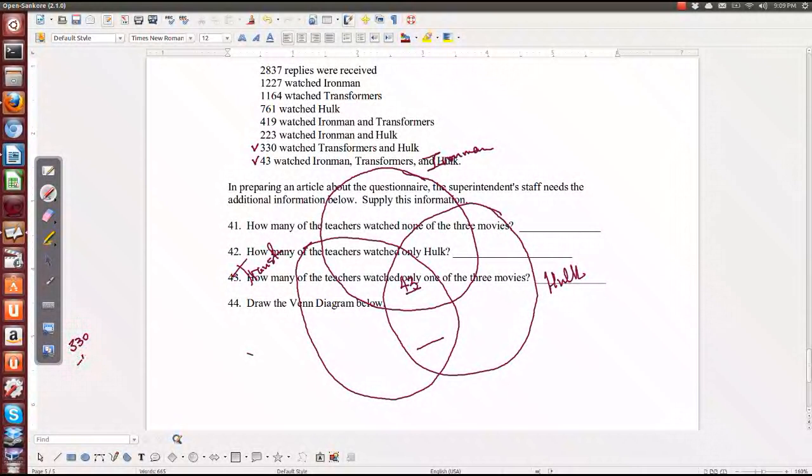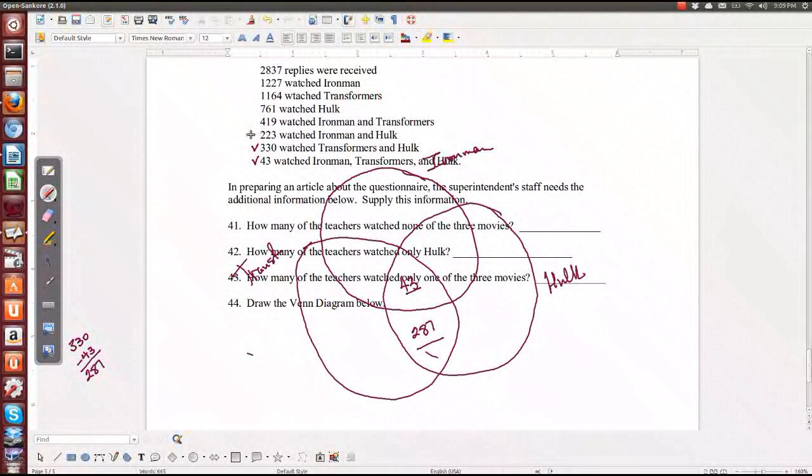So if I subtract 43 from that total, I end up with 287. And so there are 287 teachers that fall into this category. The ones that have seen Transformers and Hulk, but did not see Iron Man.